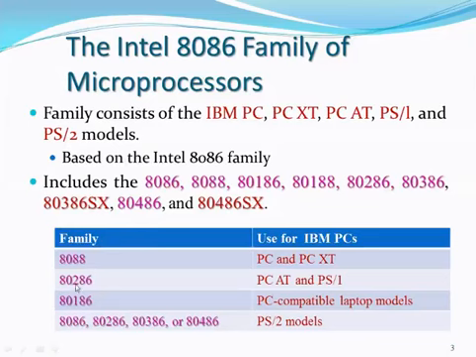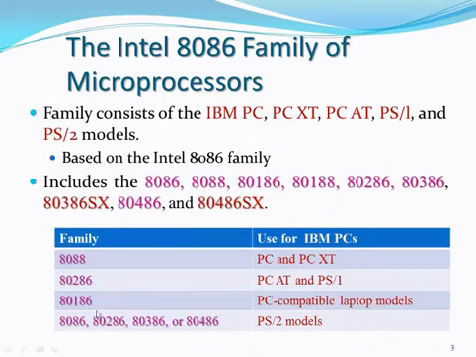Then you are coming here to 80286 from 8086, sorry, 8088. Your 80286 is coming as PC with the advanced technology, and it is PS1, and 80186 is a PC compatible laptop model. So the IBM processor 80186, they are saying it is about the laptop.